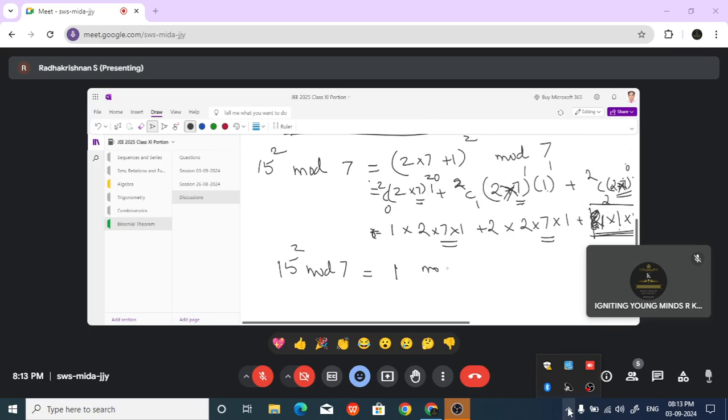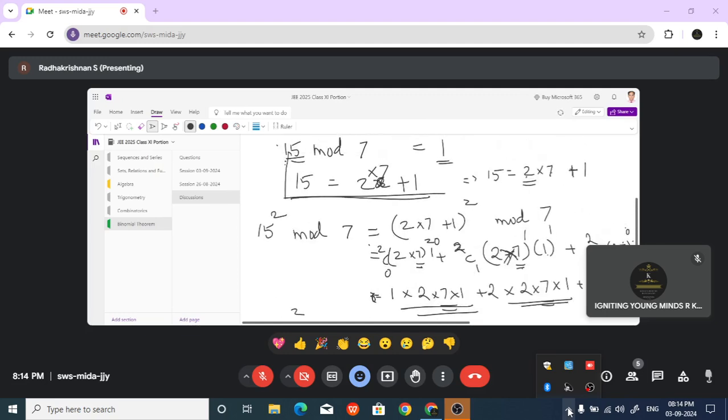mod 7. Because the binomial expansion பண்ணும்போது rest of the terms are going to have 7. So அதனால they will all be divisible by 7. So it's some k into 7 வச்சுக்கலாம். இது another k1 into 7, k2 into 7, all divisible by 7. So the mod will be only the last term, 1 mod 7.